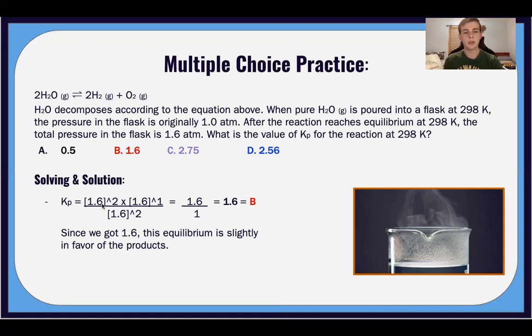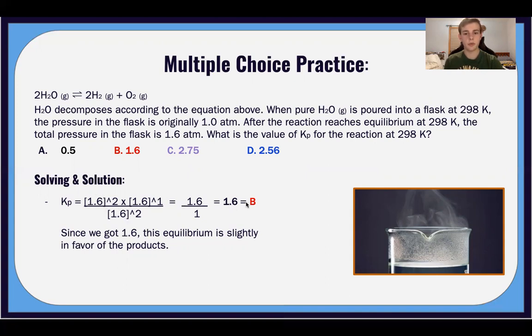So Kp is 1.6 to the power of 2, that's just for our hydrogen gas here, and then times 1.6 to the power of 1 for our oxygen gas based on the coefficients they have, divided by 1.6 to the power of 2, the coefficient of H2O here. And we get 1.6 over 1, since these two here will cancel out.